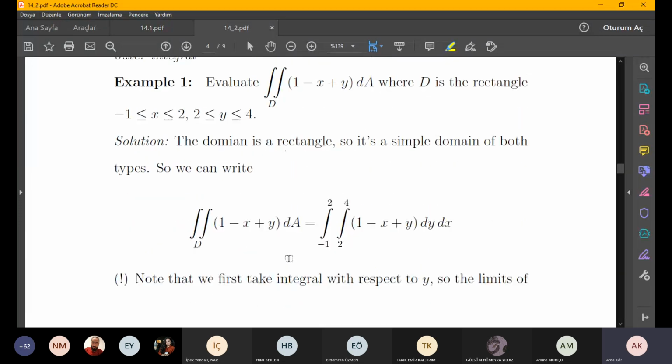Let's try to see an example. We will try to find the double integral of 1 minus x plus y, so this is f(x,y), over D, where D is a rectangular region. So this is an x and y simple domain.